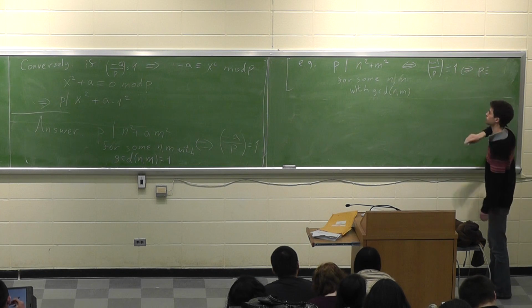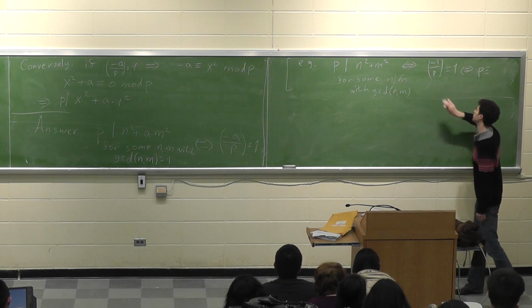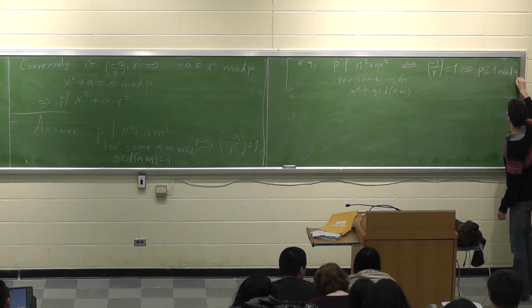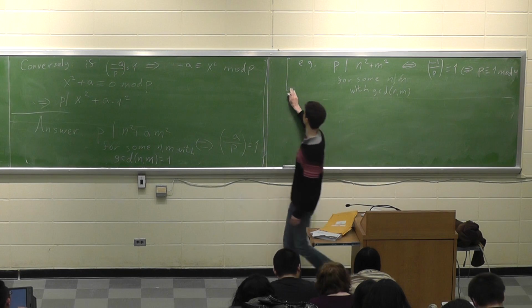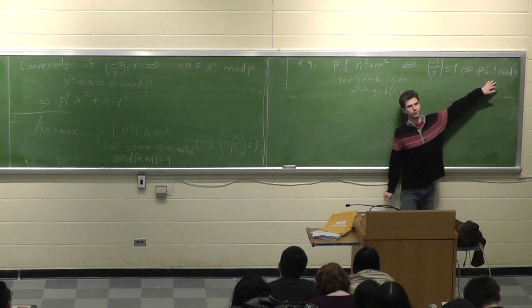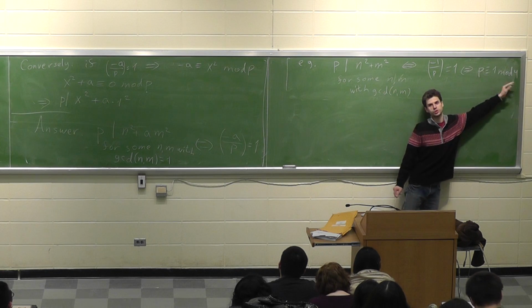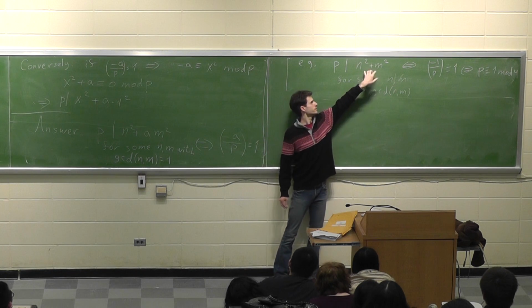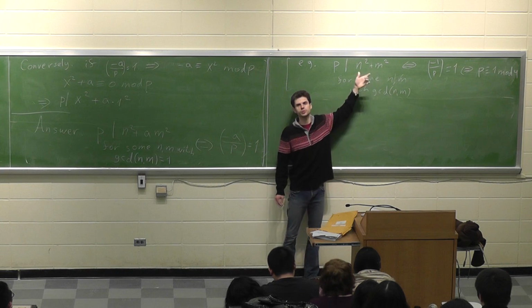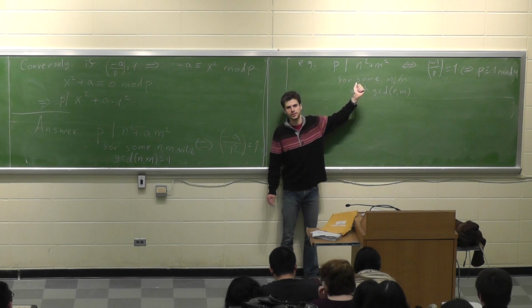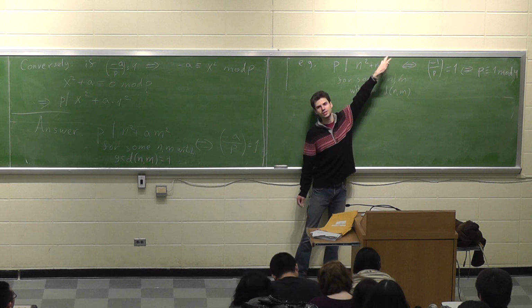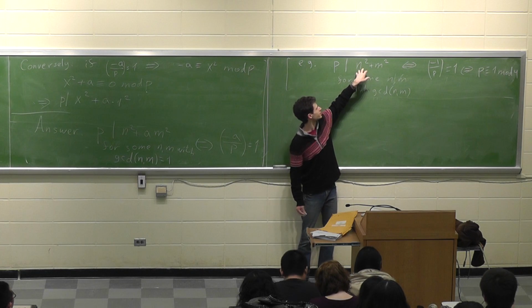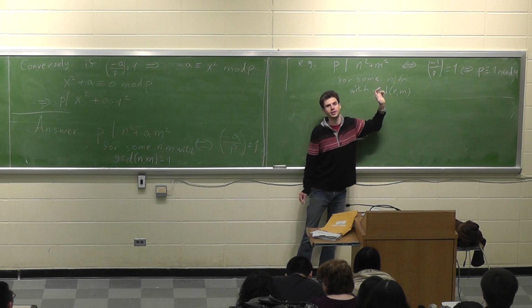Now I'm using quadratic reciprocity to make this condition simple. So if you want to produce prime numbers which are congruent to 1 modulo 4, one of the strategies is to produce lots of numbers of this form and look for prime divisors of those numbers. And maybe by some tricks you can arrange all the divisors of a number of this form to be pretty large. For example, take n factorial squared plus 1, something like this.